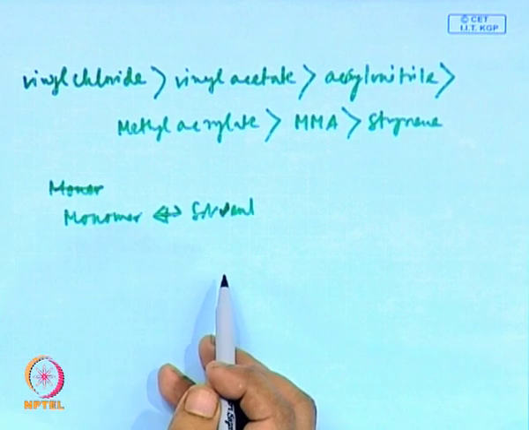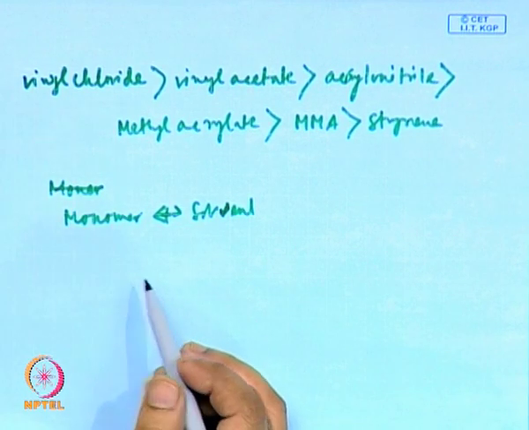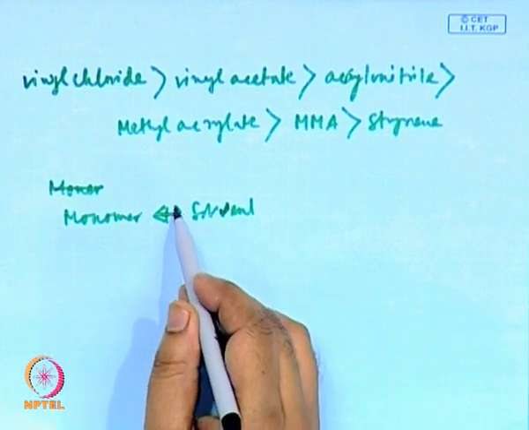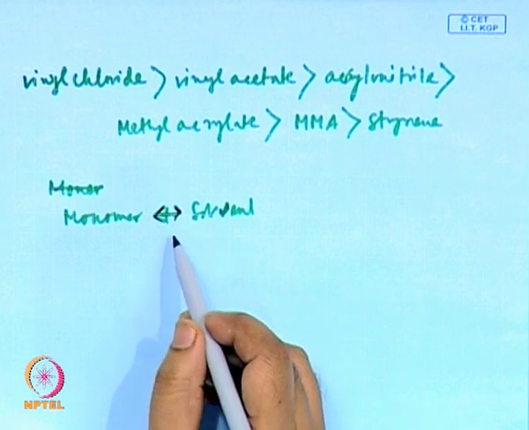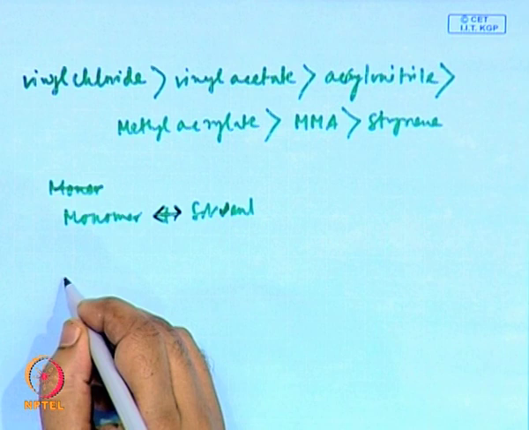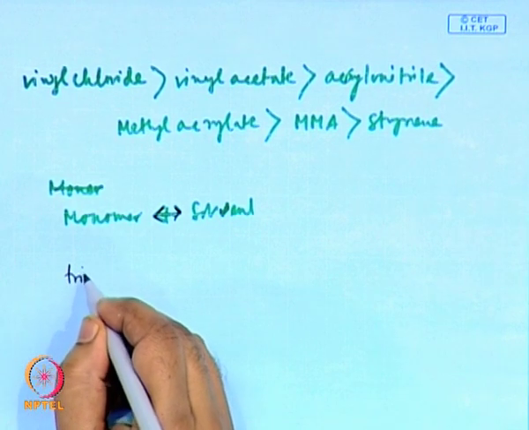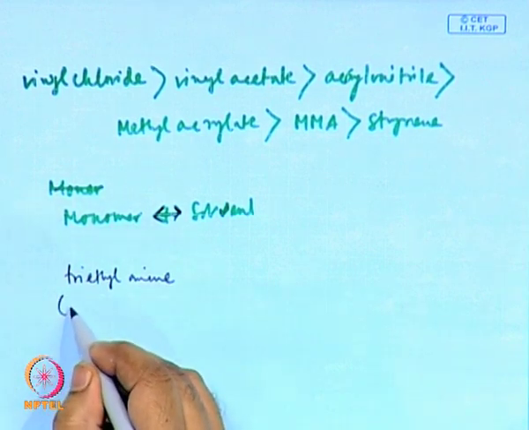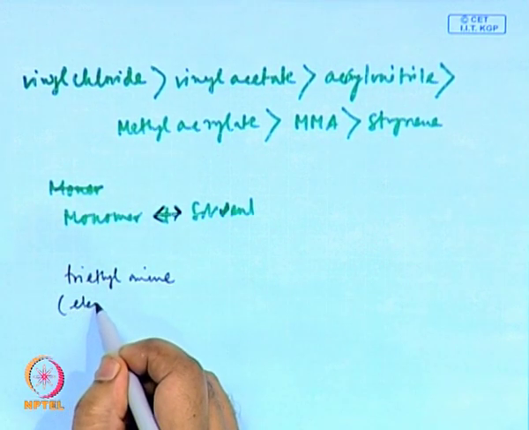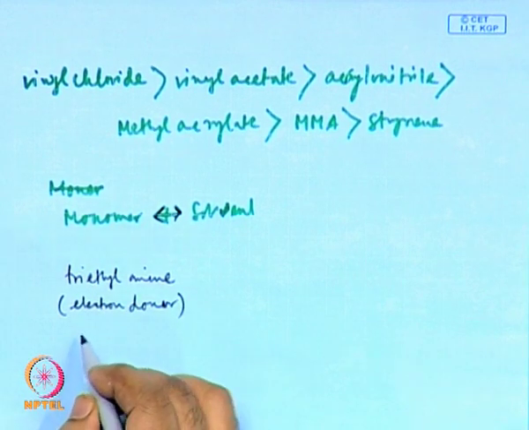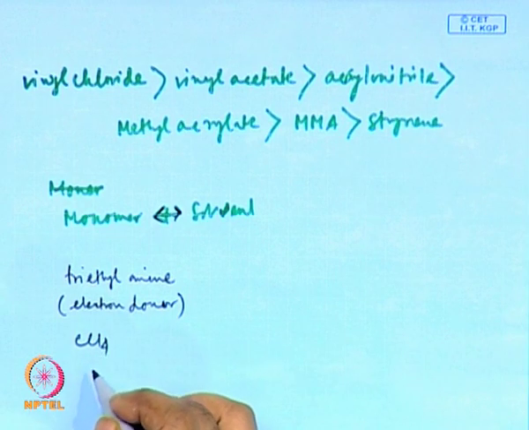For example, let us compare two monomers and two solvents and see whether we can justify or have this verified from the experimental data. Now, I considered triethylamine as a solvent. It is electron rich, so electron donor, and CCl4 which is electron acceptor.